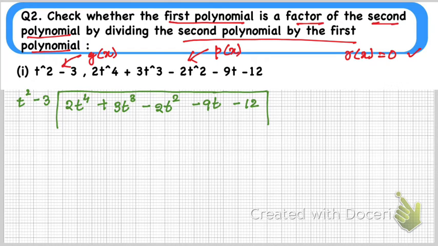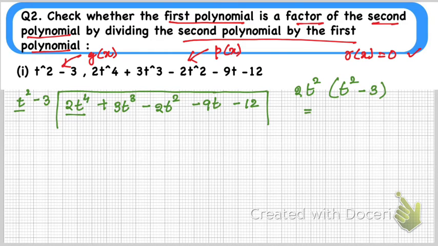So dividing it, how will we divide it? Here we have the first term as t square, and here we have 2t to the power 4. So multiplying t square with 2t square, you will get the first term, that is 2t to the power 4.